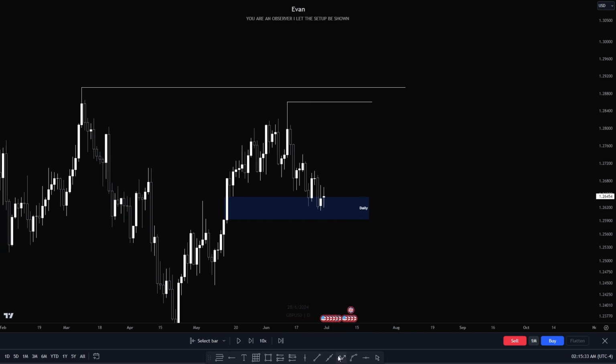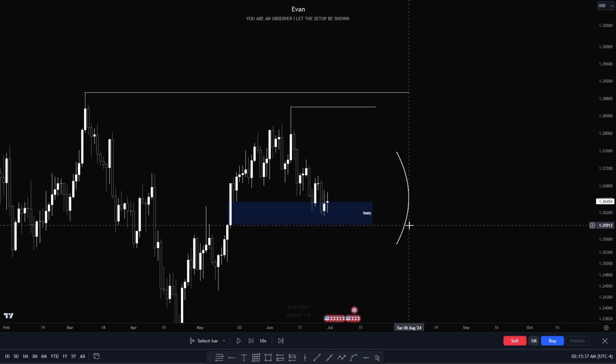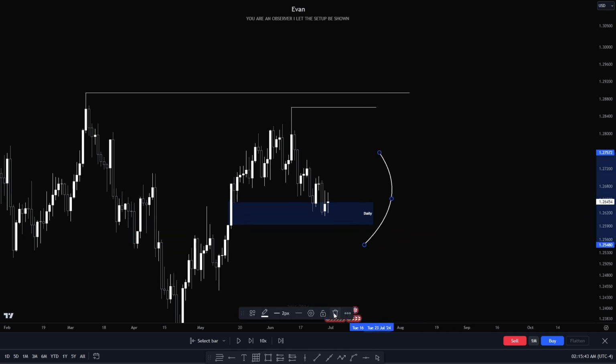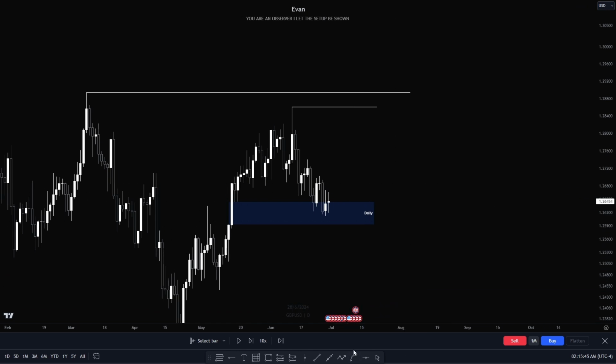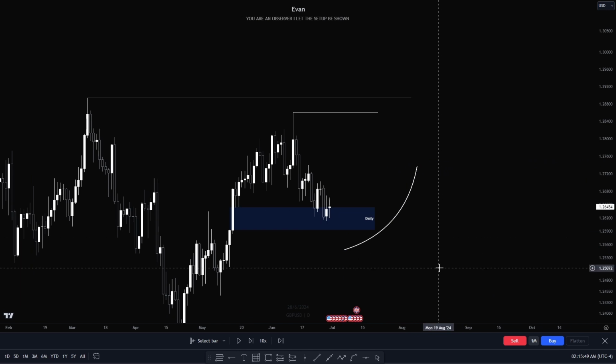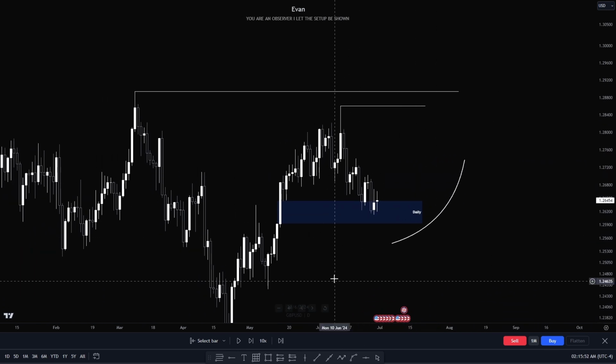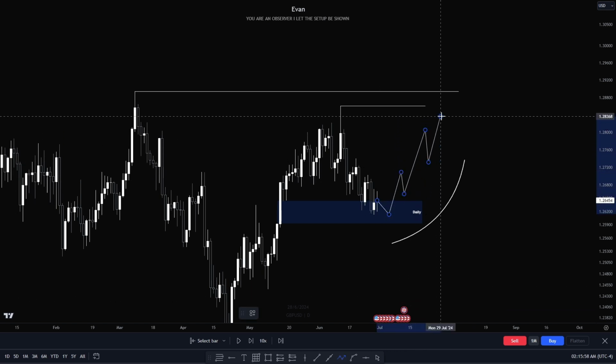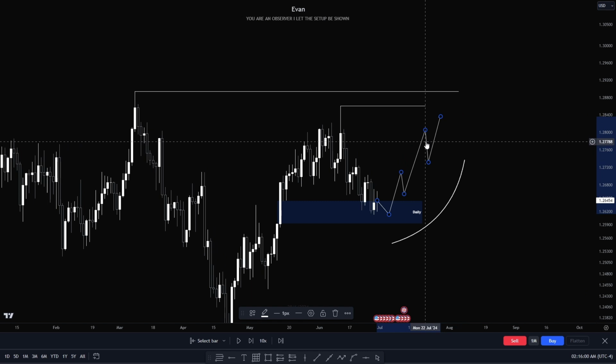Alright, so we are expecting this to become a market maker buy model, right? That's an ugly one. A market maker buy model. So let's draw that out. So we're expecting price to come like this. Maybe not as ugly as that, but you get the point.